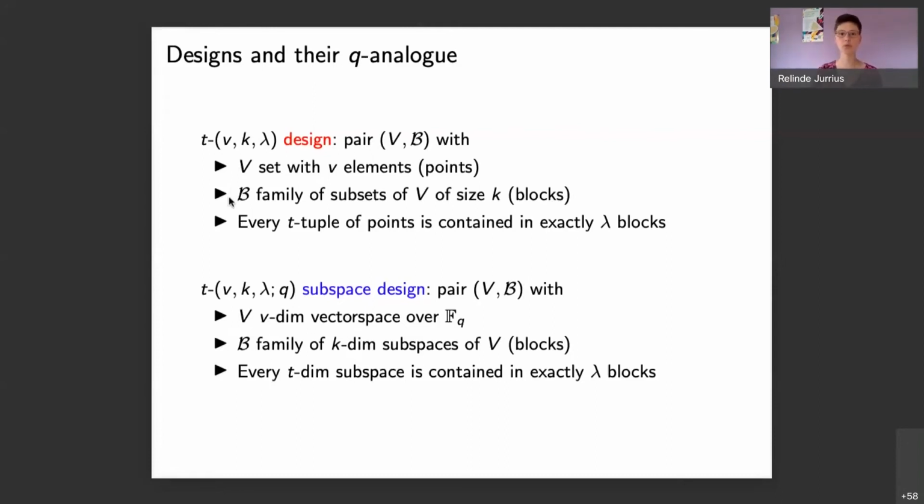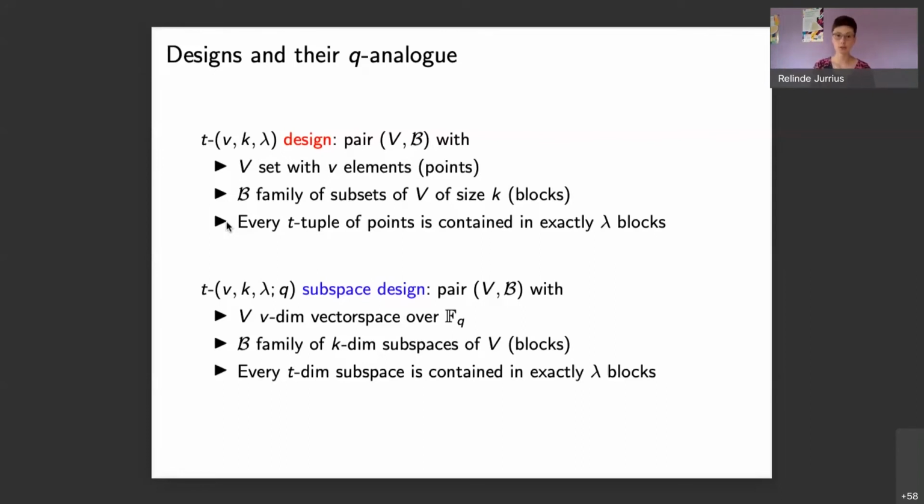We call them blocks, and every t-tuple of points is contained in exactly lambda blocks. These are a lot of parameters to remember, but you don't have to remember all of them. The thing is, I take a set and a family of subsets that all have the same size and that have some nice property. That's basically what a design is.